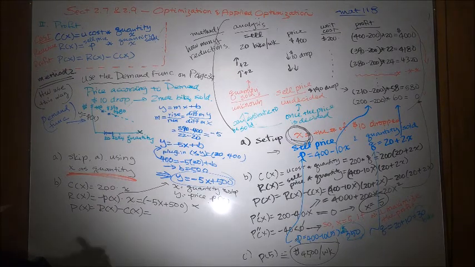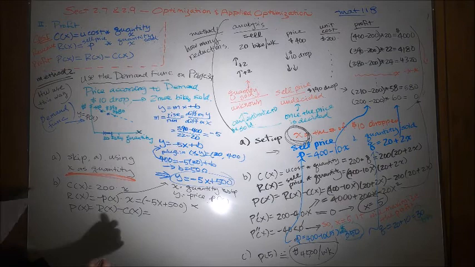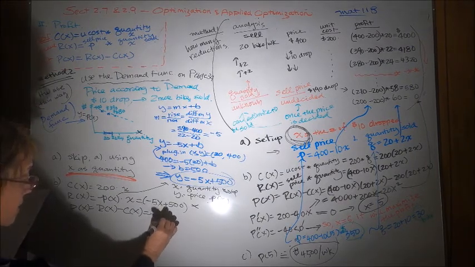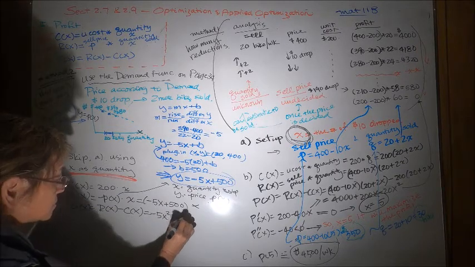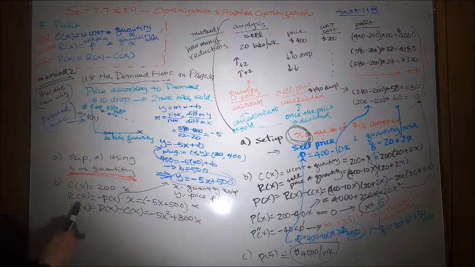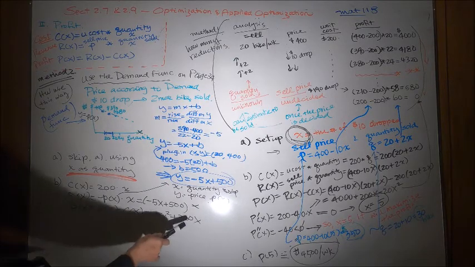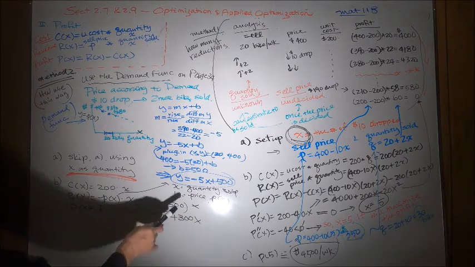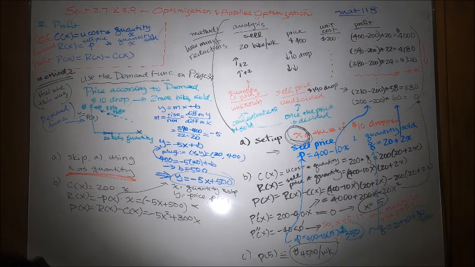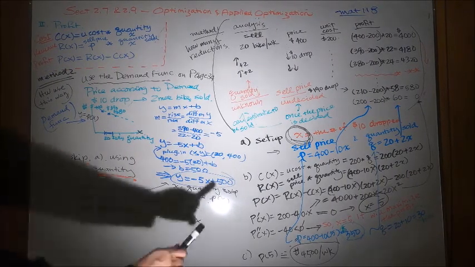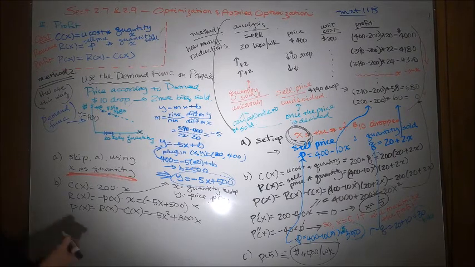Then this minus that. You multiply them, -5x squared plus 500x minus 200x, so you have 300x. Then your profit function is a different function, but the x has a different meaning compared to that one, right?